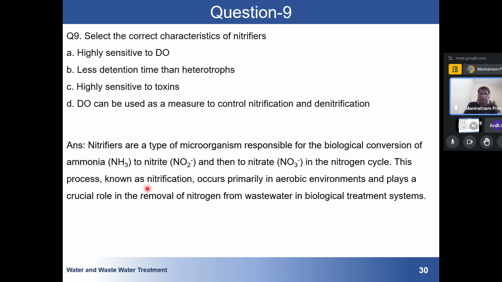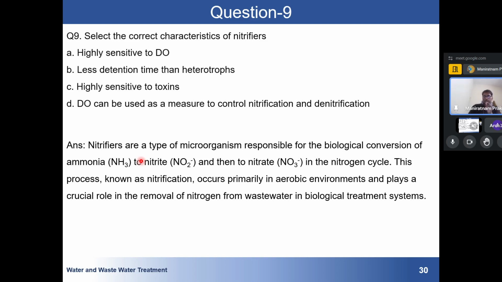If you remember the last lecture, there was a question related to nitrogen, in what form nitrogen is available in our wastewater. Generally it is the Kjeldahl nitrogen question I mentioned, so it will be in organic nitrogen form.